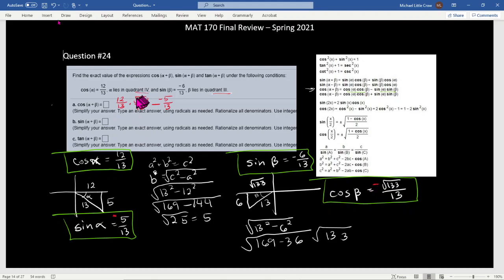So let's come back here, get our critical place, and then we get sine of beta. Sine of beta is negative 6 over 13.